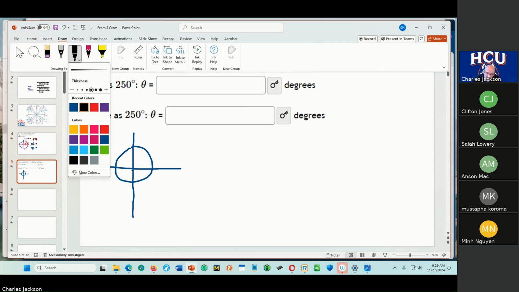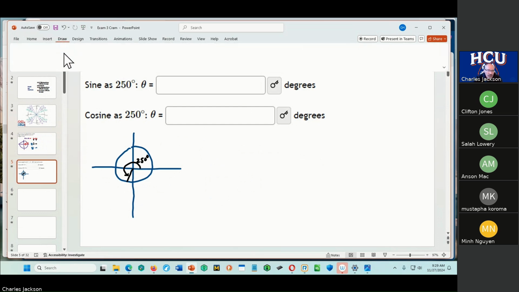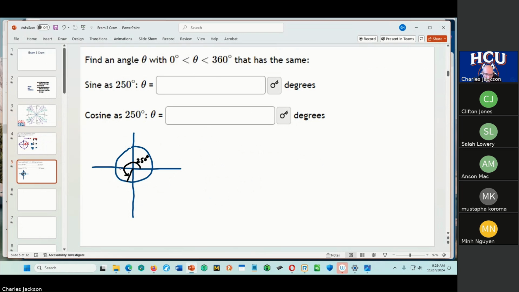Okay, so we'll see how we did here. Here's a 250-degree angle. It's kind of near that 240 that we were just looking at. The reference angle is that one.